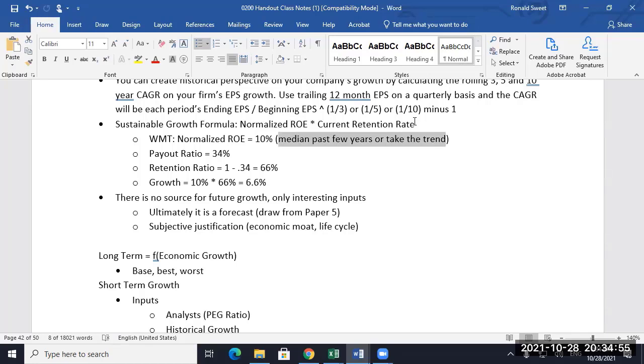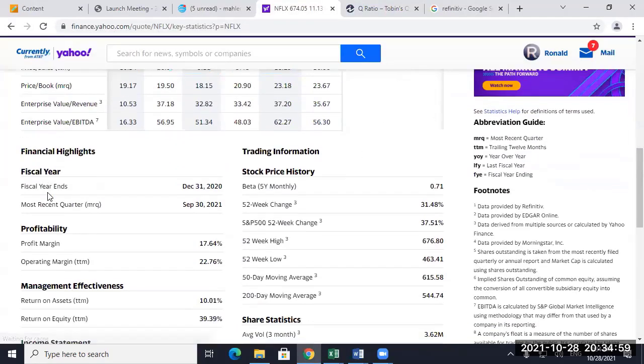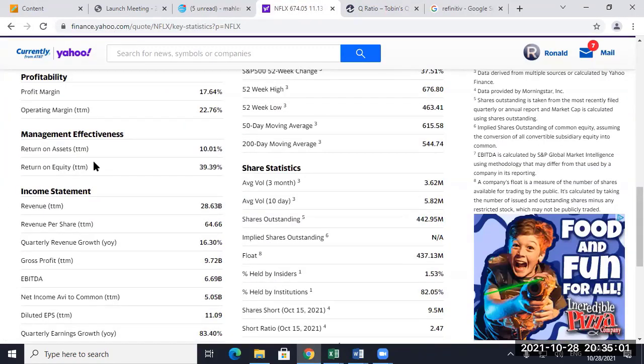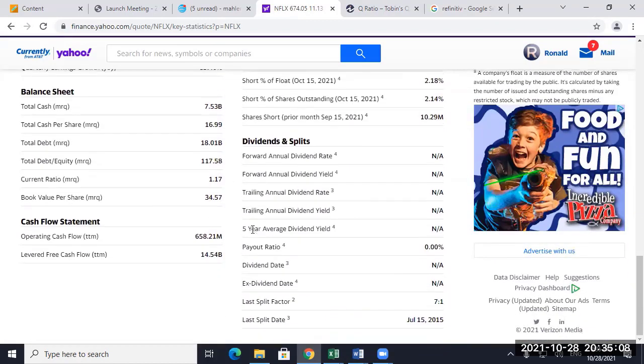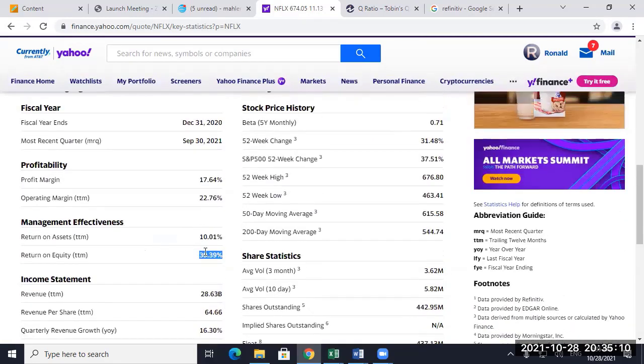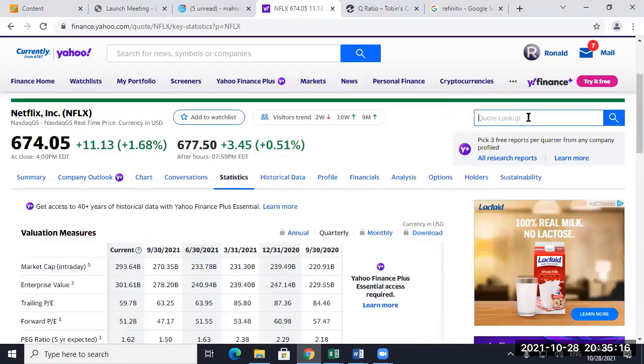You just can't do that. And some of these firms, like Netflix, its return on equity is 39%. What's their retention though? The retention is probably 100%, right? I don't think they're paying dividends. So there's your growth rate right there, 39%. That's a pretty hefty growth rate.